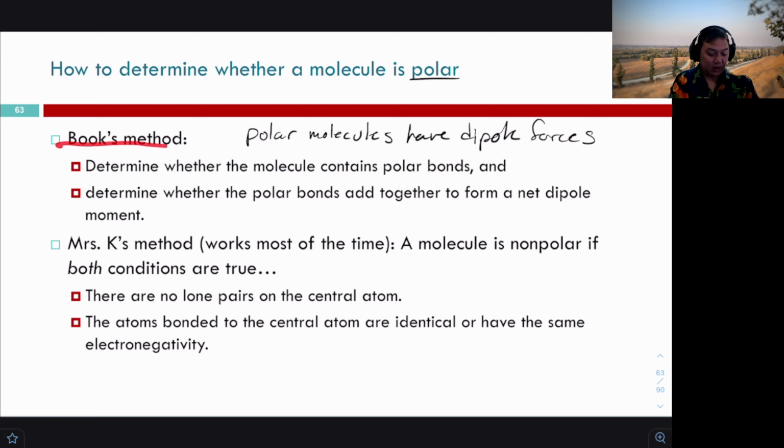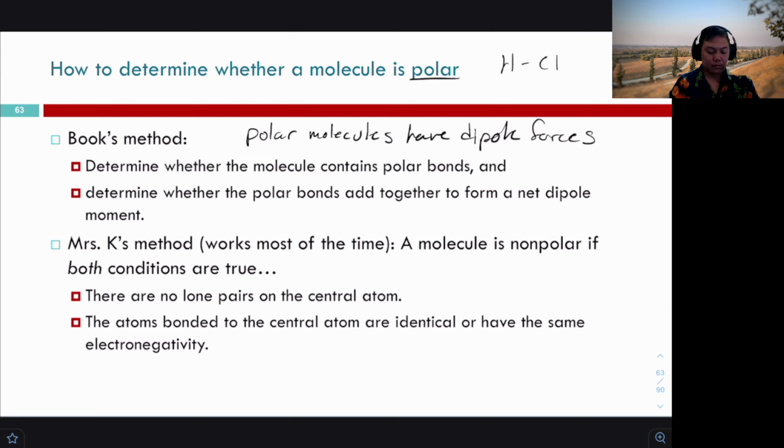So in the book, the method they use is to determine whether the molecule contains polar bonds. That would be knowing the relative electronegativity of those bonds, whether one atom is more electronegative than another. One example would be something like HCl. Chlorine's on the right side of the periodic table.